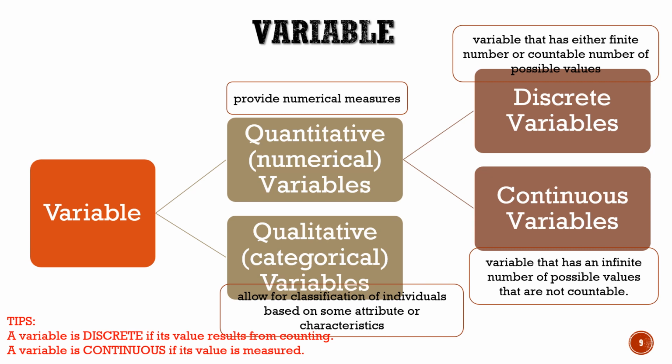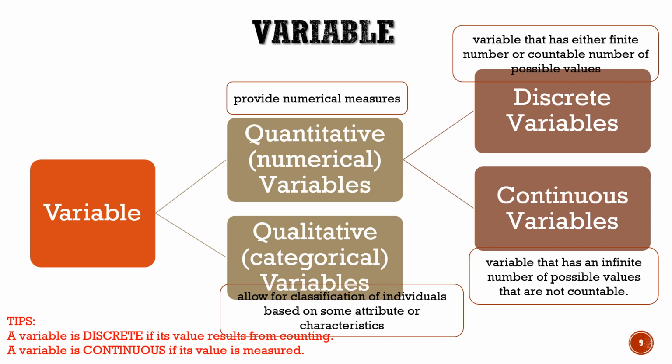I believe everybody knows what numerical is. Basically it should be a number, and categorical means that the characteristic will have a category. For example, an easier example, gender. Gender will have the categories female and male.